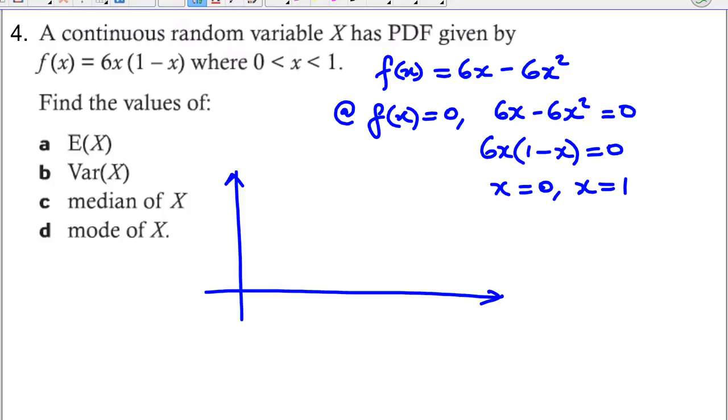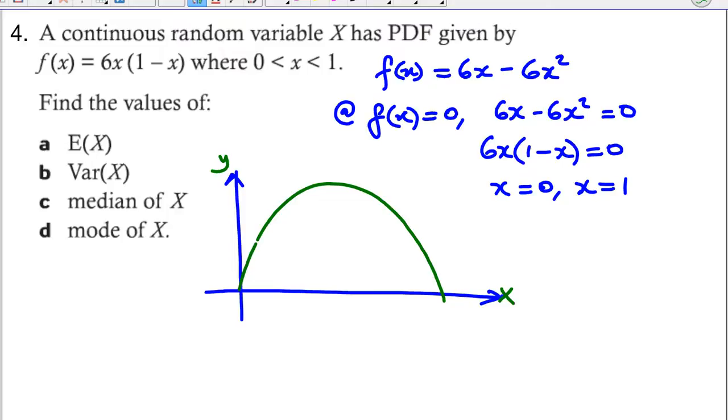I don't know if this is a perfect sketch, but I'll try to make it much better. That's better. So this is the function that we have. That's y, that's x.